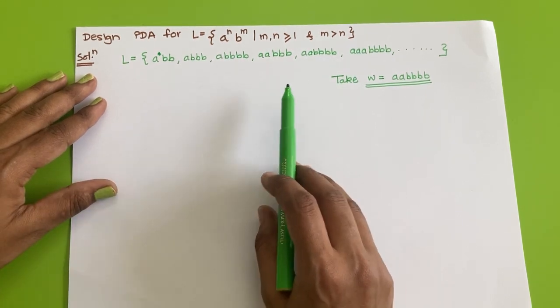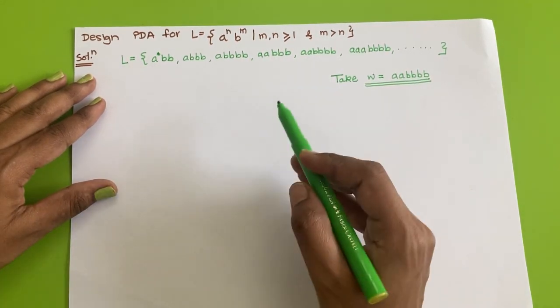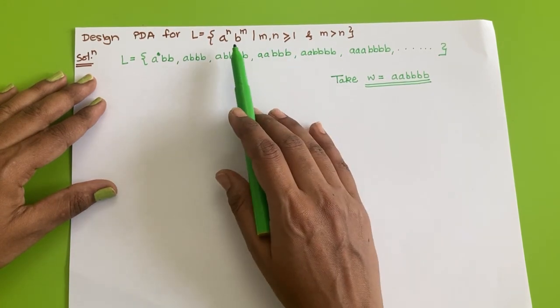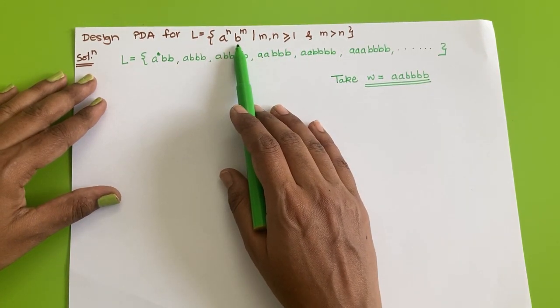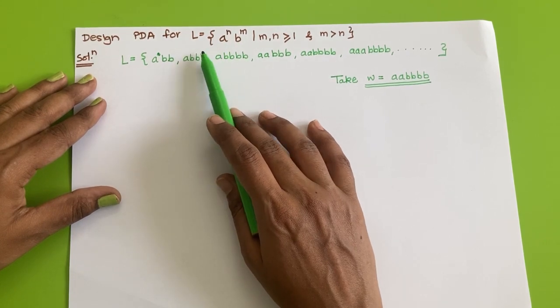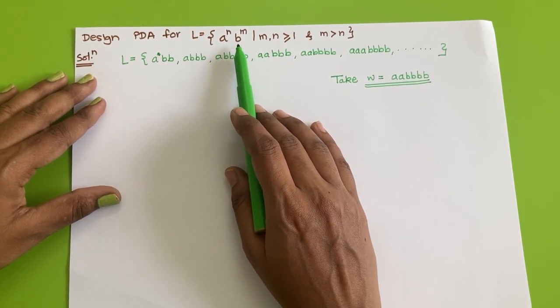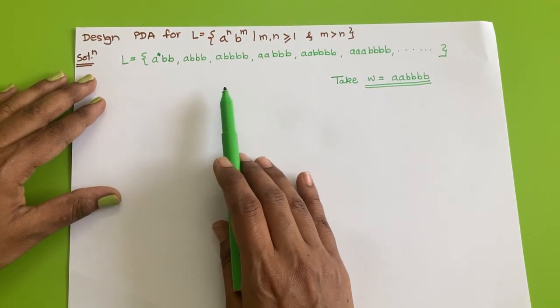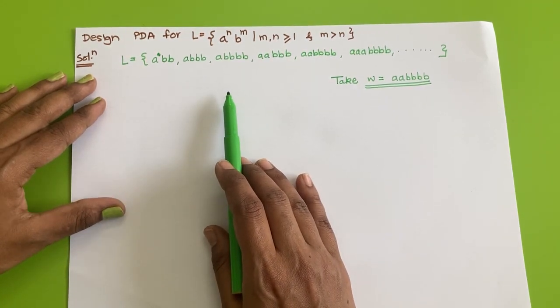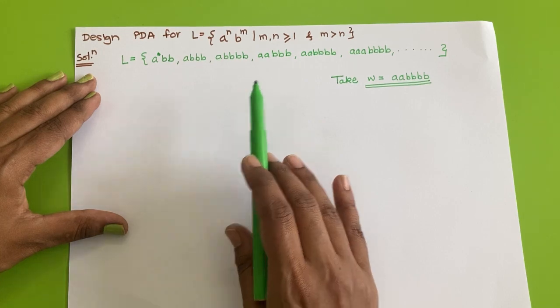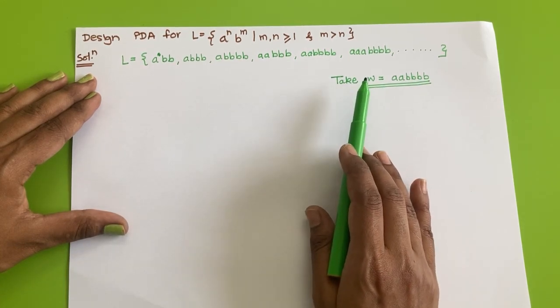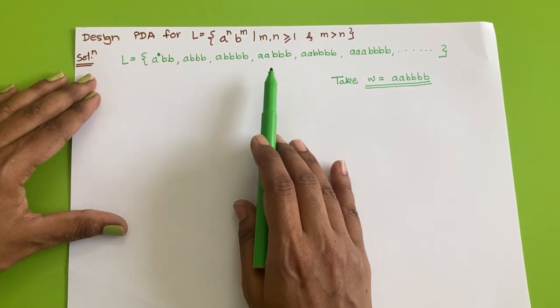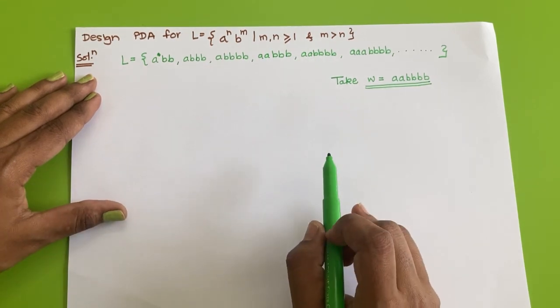First we have to check whether the number of B's is greater, and it should come after the completion of all A's only. B's do not appear in between the A's. First all A's would be there, and after the A's finish we have B's that are larger in number than the number of A's. So we have to check that condition here.